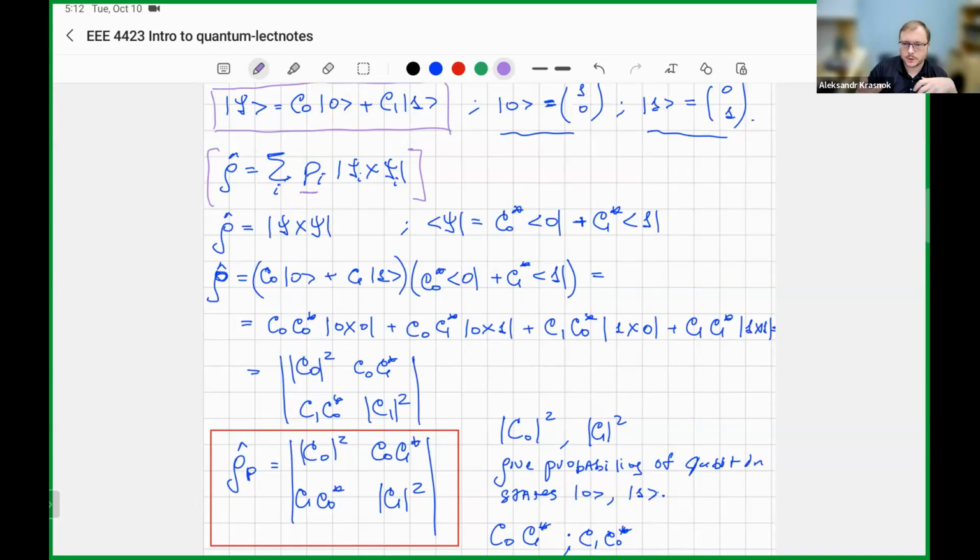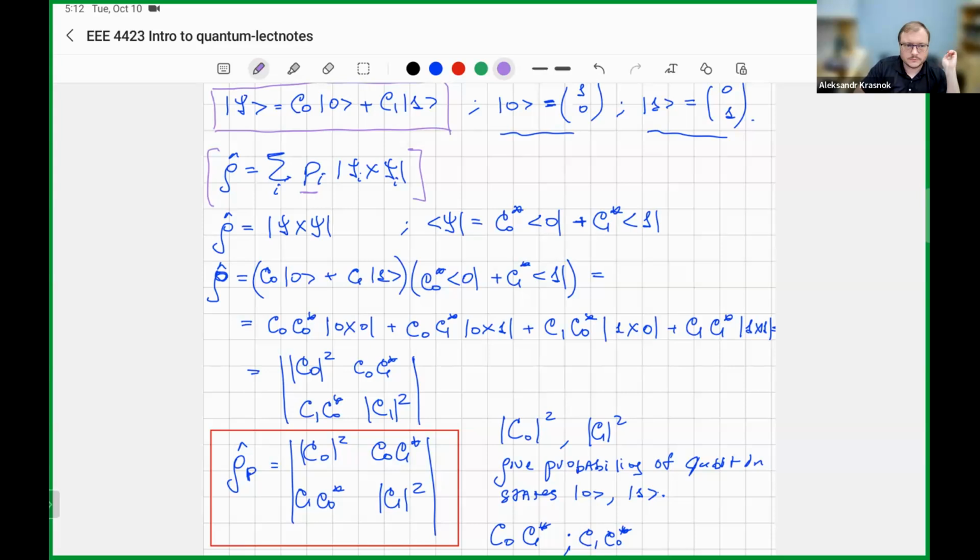Like if you have many different qubits, you can measure or pick up one of them with some probability. Like blue, green, yellow, you have a mixture of them and you get a particular one with some probability.